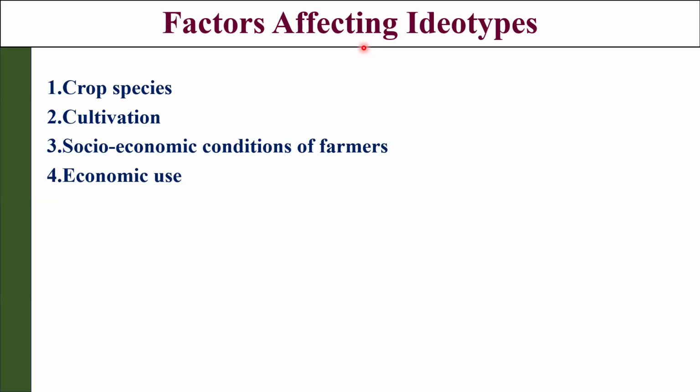Then the socio-economic condition of the farmer: if you develop a hybrid, can a farmer accept it or not? This is very important while designing any crop. Then economic use: if you are developing a basmati line, you should take care of aroma and the length and breadth of the rice.